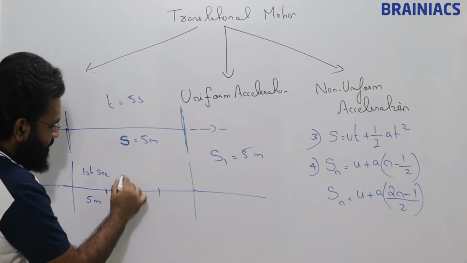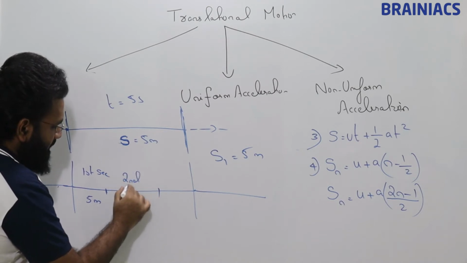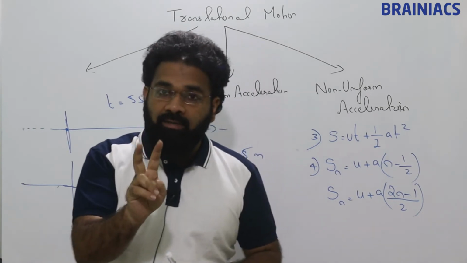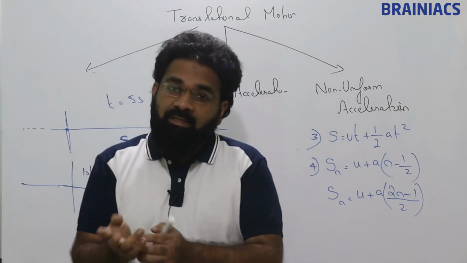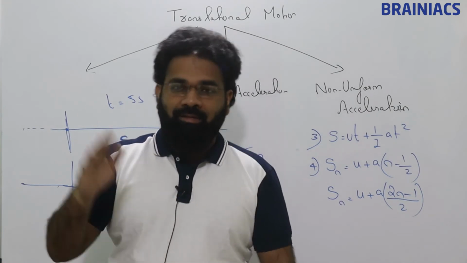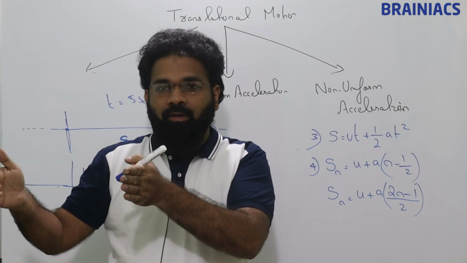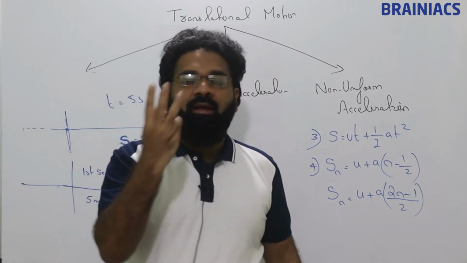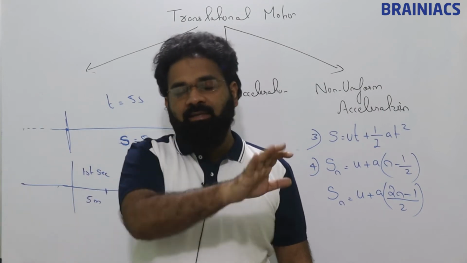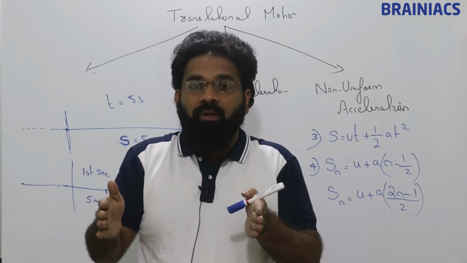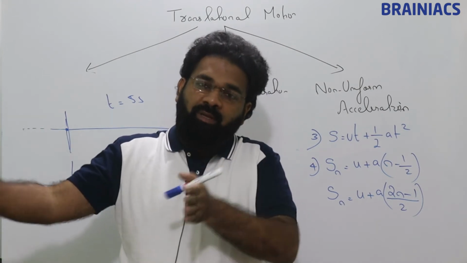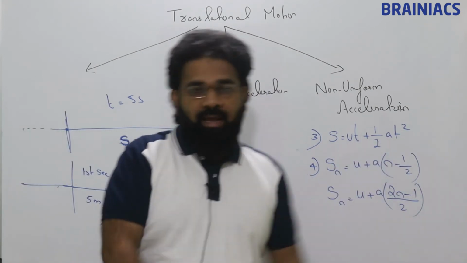Second second means not 2 seconds, it is just the second second. If there are 3 seconds, then first second, second second, third second. We are taking the displacement for each 1 second separately: first displacement, second displacement, third displacement, likewise.